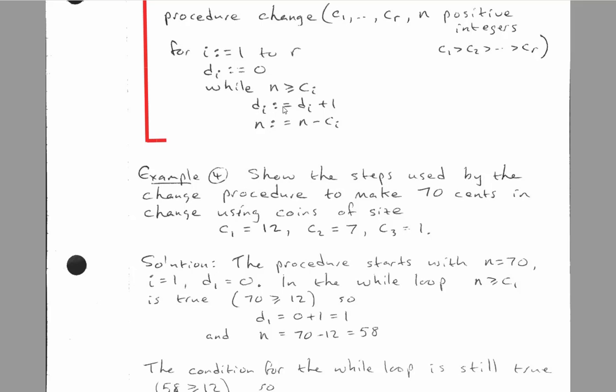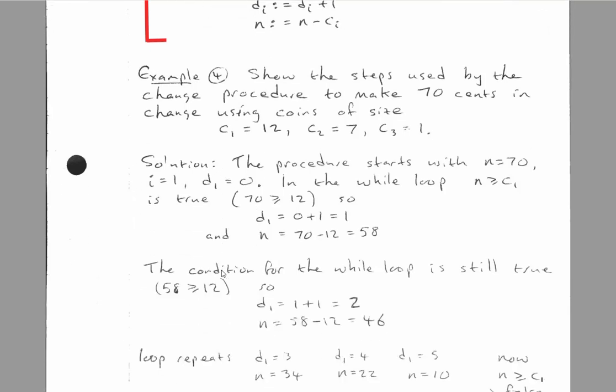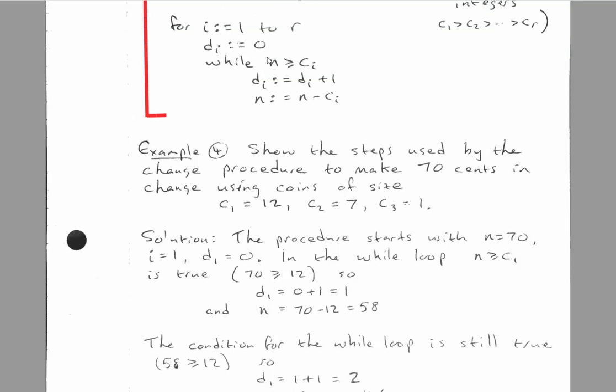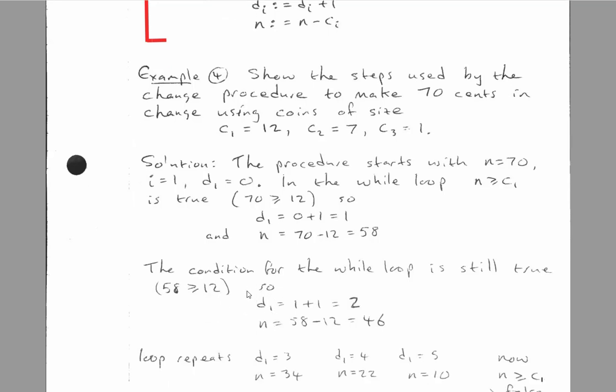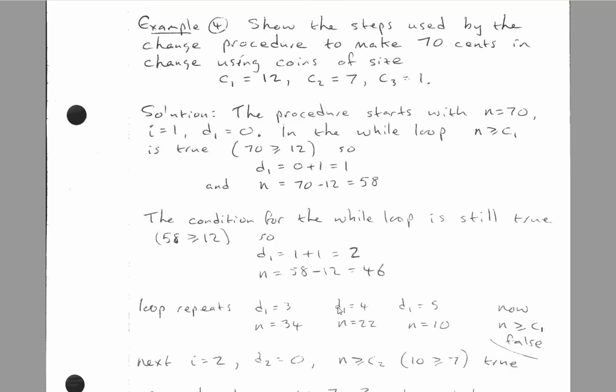So we do these two steps: D1 gets increased by 1, and n gets decreased by 12. Now back to the start of the loop. Is n still greater than or equal to C1? n is 58, so that's still bigger than 12. So repeat. It's going to keep repeating.